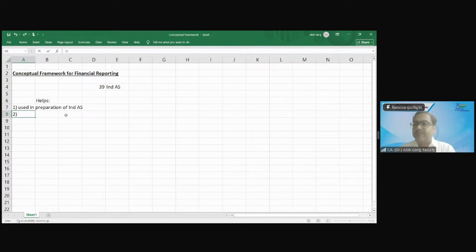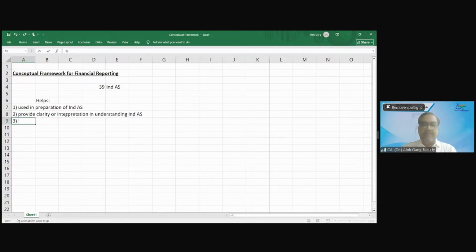Number 2: it provides clarity for interpretation, in understanding Ind AS.